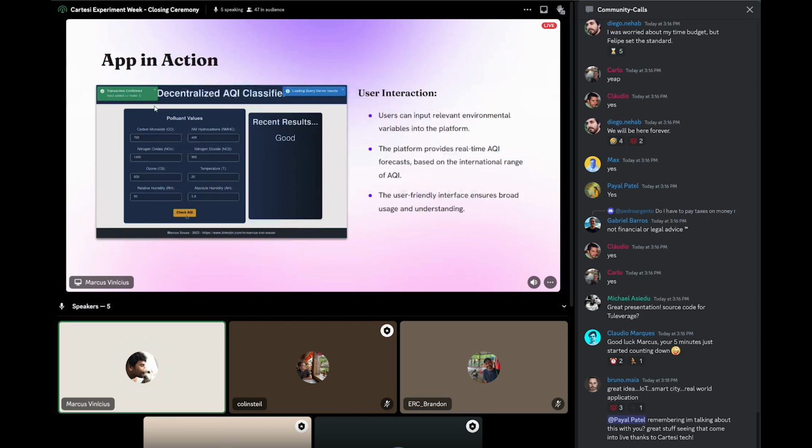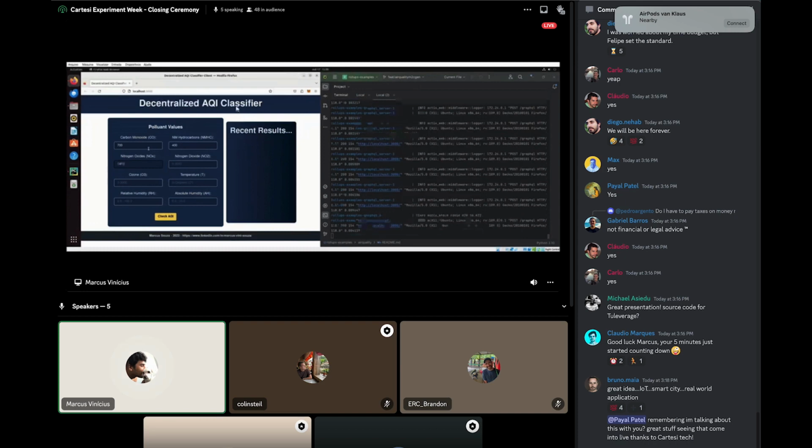So about the DApp itself, in action, users input environmental variables from sensors, like carbon monoxide and many more. And the DApp instantly gives AQI forecasts. The detailed information about these pollutants is also in the repository description, right? Here's a small demo of the DApp working.